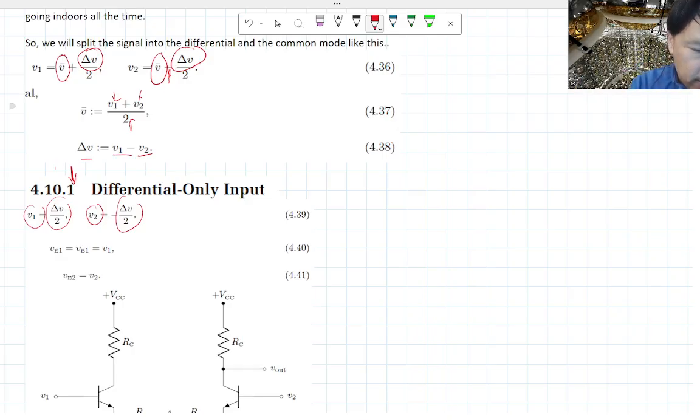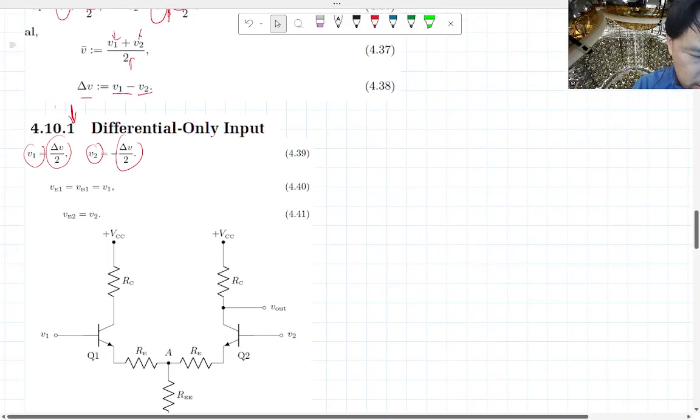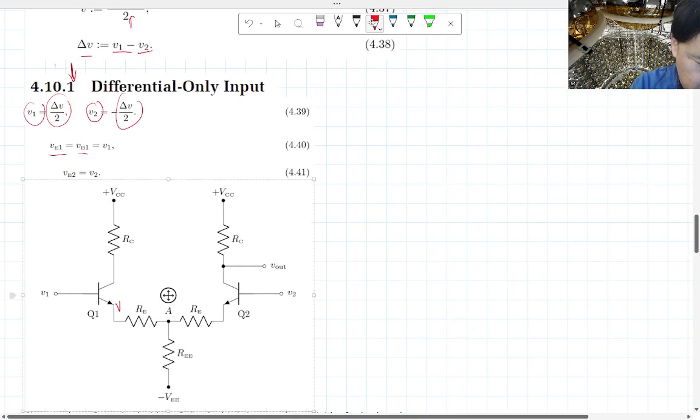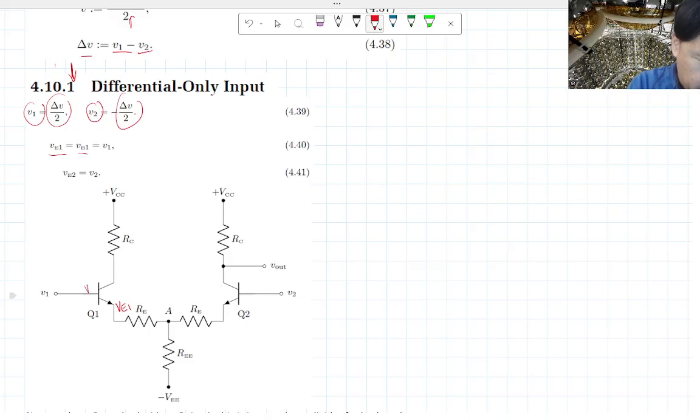In this case, the AC part of the voltage at the emitter, this is going to be the voltage at emitter 1, and this is lowercase, is going to be equal to the voltage at the base, once again the lowercase version, the AC part.